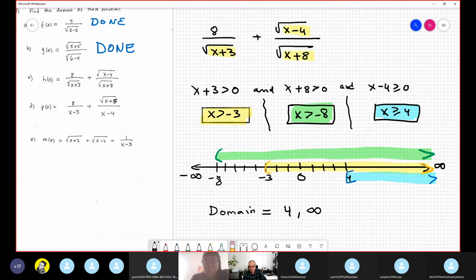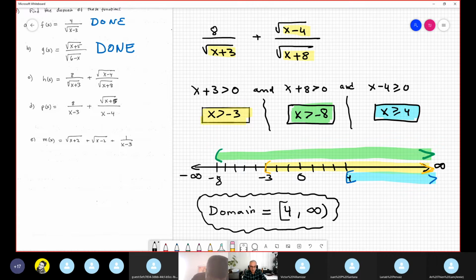She said from 4 to infinity. Bracket. Bracket is the final answer. This is our beautiful final answer. Any question? Do you understand very well? Super, super. We are the best in Miami-Dade College.